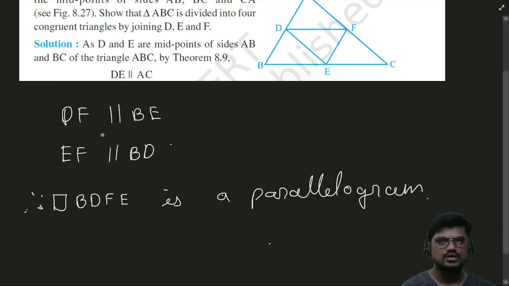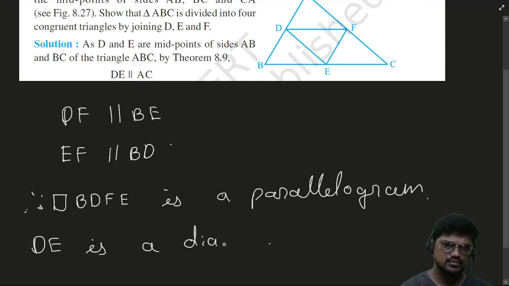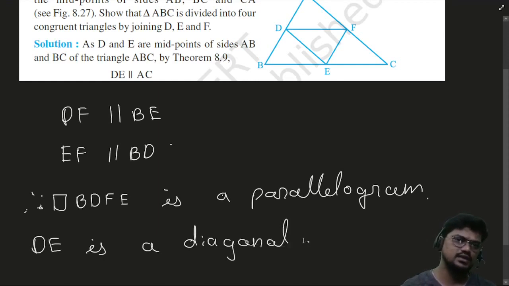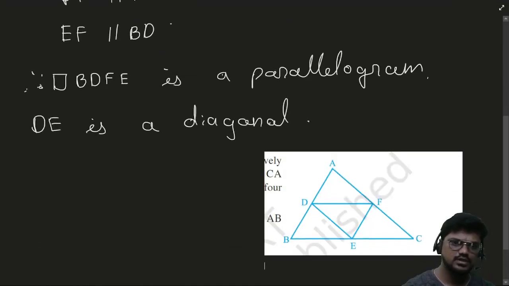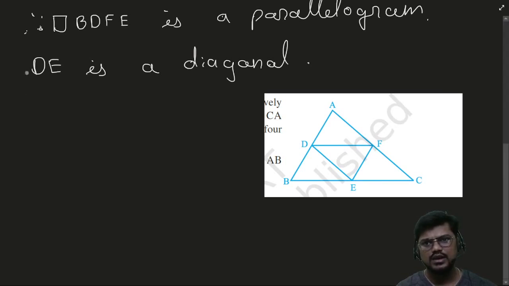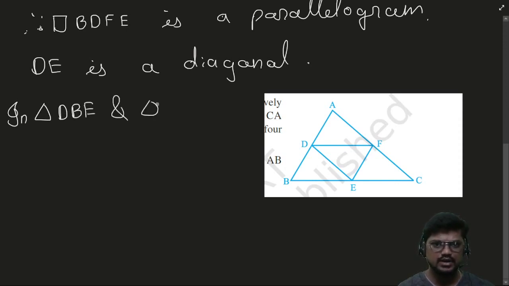Why? So, it's a parallelogram. Now, DE is a diagonal. If I take this diagram over here, DE is a diagonal. Now, in triangle DBE and triangle EFD, in these two triangles, what all things do you have?